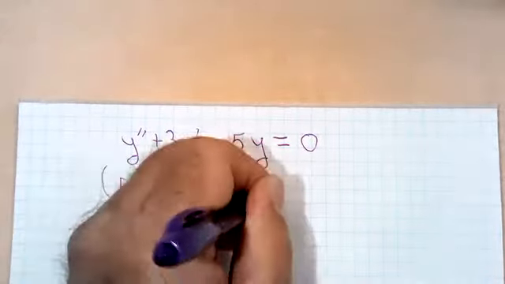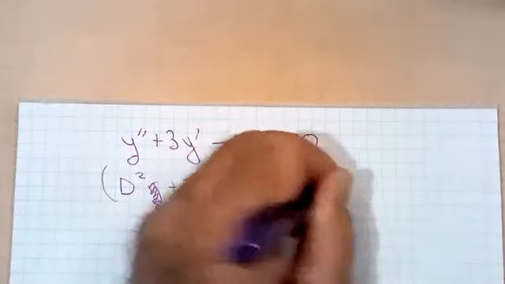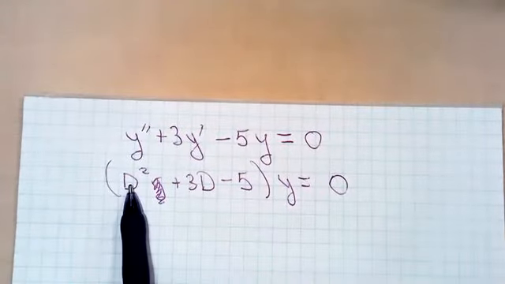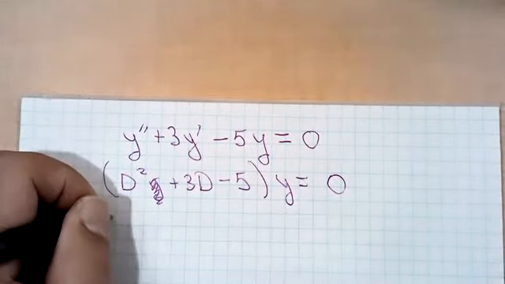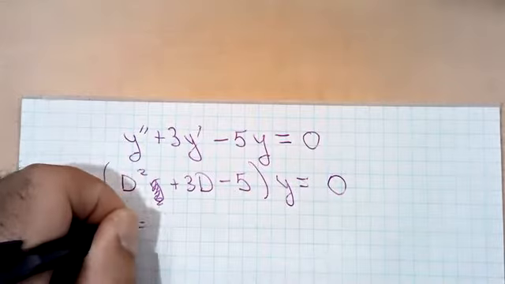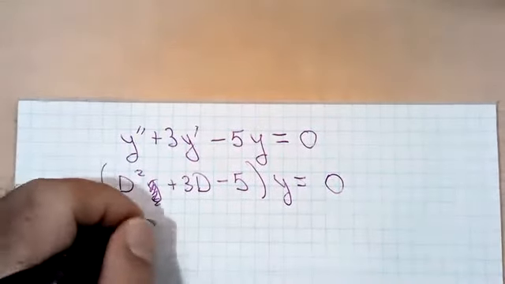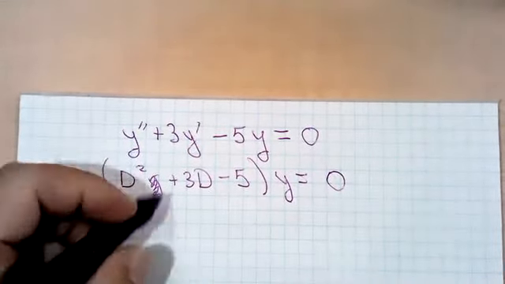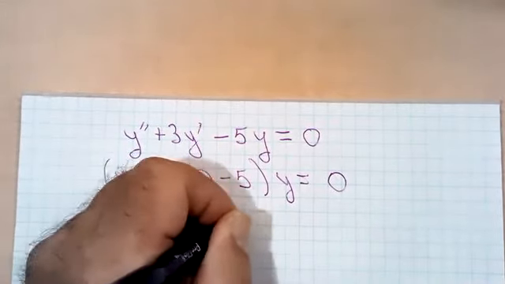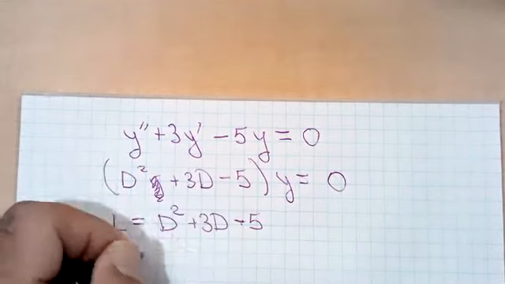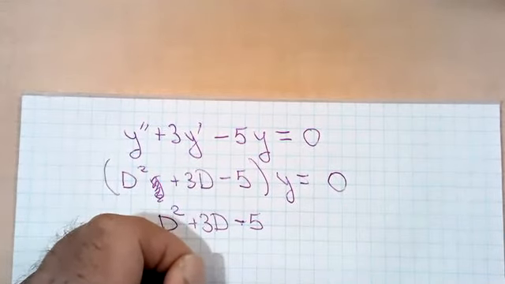The y should be here. And this is a differential operator. And then people will sometimes say, well, define the L to be the differential operator, D squared plus 3D minus 5. It turns out that this thing is a linear operator.